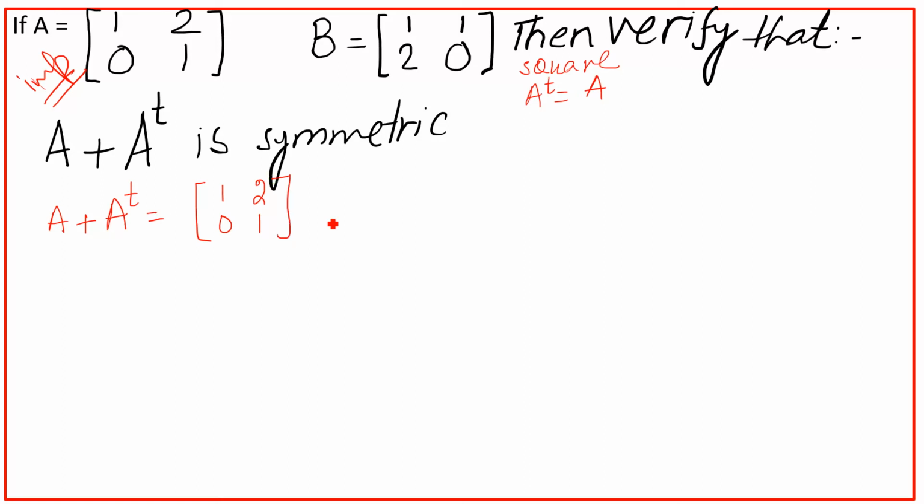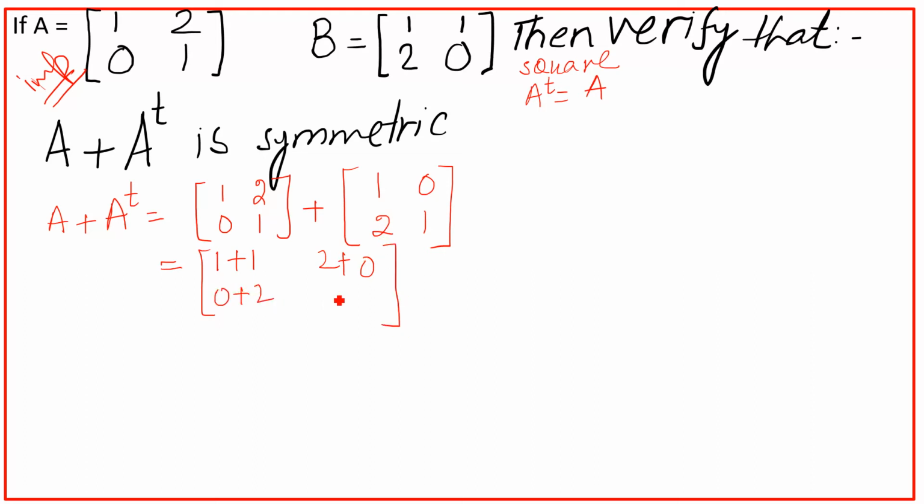This is A. Now, what is the A transpose? 1 2 0 1, and we will add it. When we add, 1 plus 1, 2 plus 2, see, you have to do step by step because steps also count. Number 2 2 2 2.